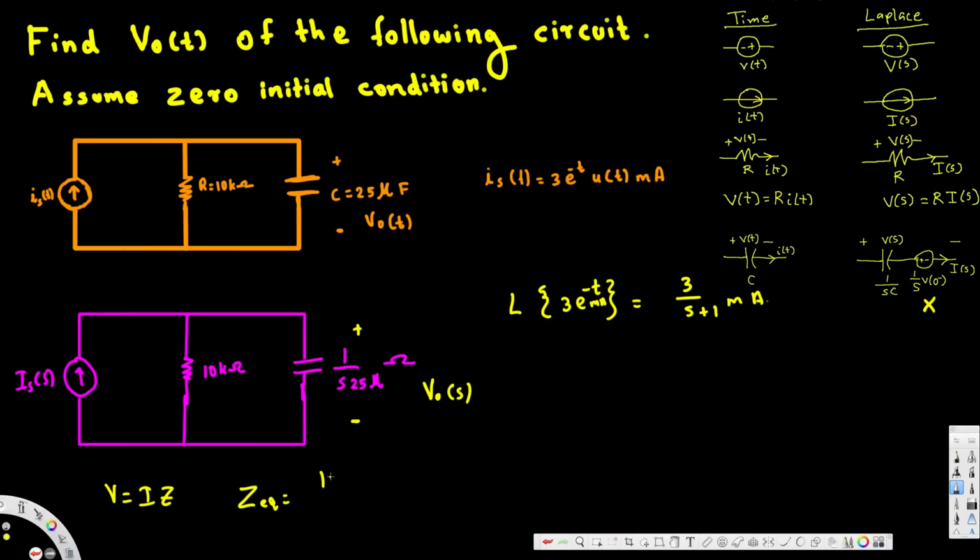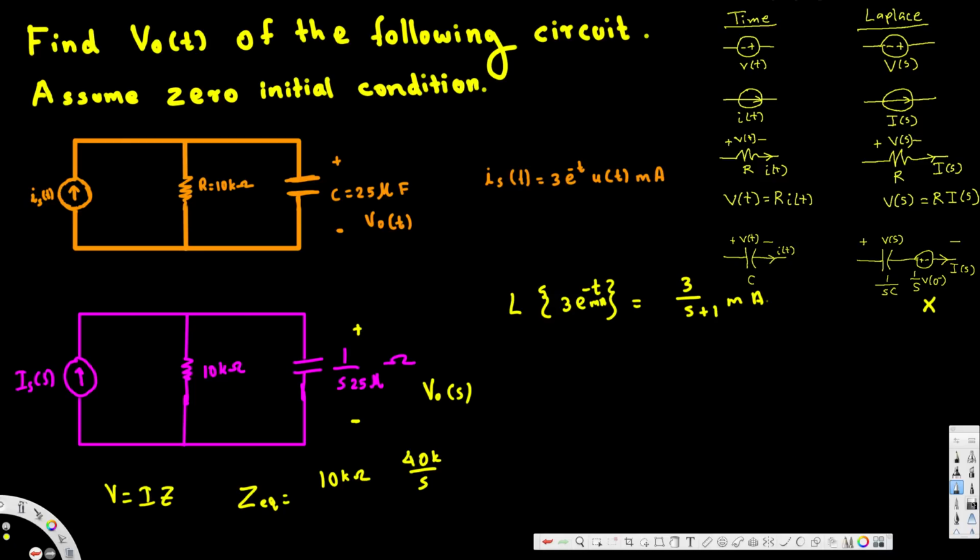The product is going to be 10 kilo ohm multiplied by 1 over s times 25 micro, and 1 over 25 micro is the same as 40 kilo, so 40 kilo over s ohm. I just divided because micro is 10 to the power minus 6. If you bring this to the top, that's going to be 10 to the power of 6, and if you divide 10 to the power of 6 by 25, you will get 40 kilo ohm. So this is what we get.